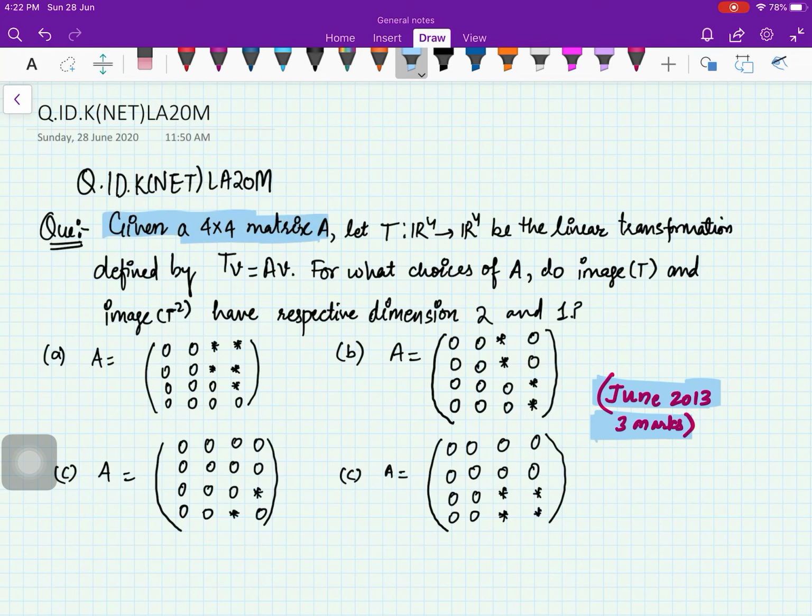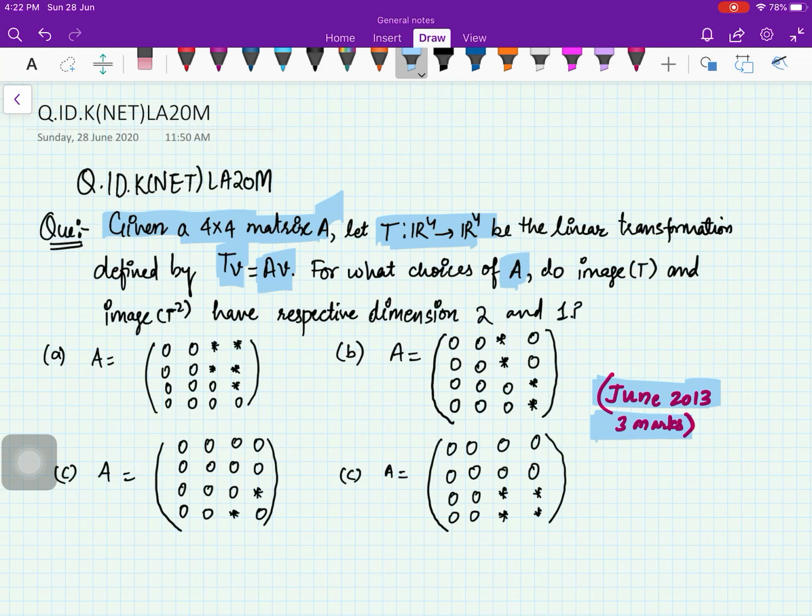The question is: given a 4 cross 4 matrix A, let T be a linear transformation from R4 to R4, defined by T(v) = Av, where A is this 4 cross 4 matrix which you have fixed in the beginning.